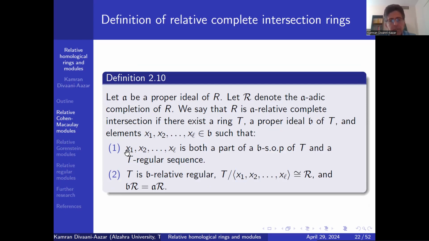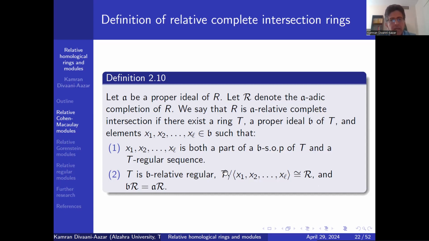The first one: X1 up to XL is both a part of a B relative system of parameters of T and a T regular sequence. And T is B relative regular, and this quotient ring is isomorphic to R-hat, and the extension of the ideals B and A in R-hat are equal.